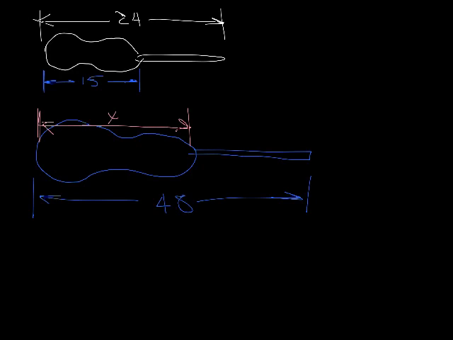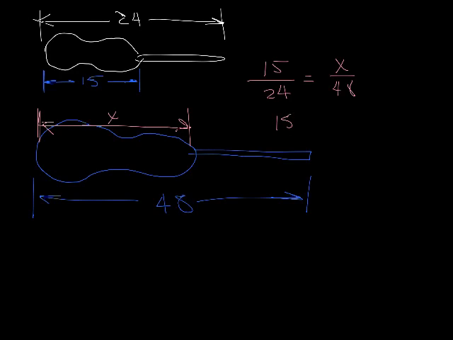So we know that we have 15 to 24 with the violin, and that equals x to 48 with the cello. So body length of the violin to the body length of the cello, total length of the violin, total length of the cello. Now I just cross multiply.